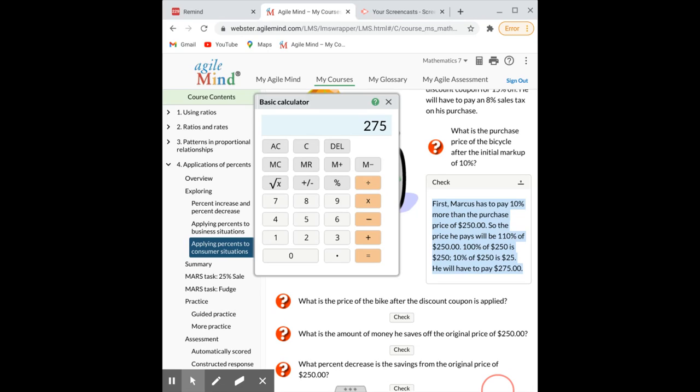Tell me how to do that. If we take something off, are we adding or subtracting? Subtracting. Correct. So I got 275 minus, what am I subtracting? What was the discount coupon for? How many percent?